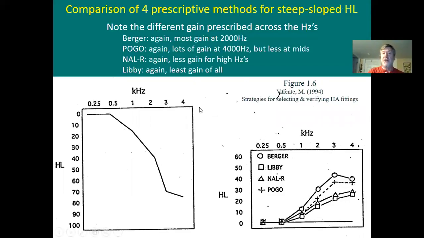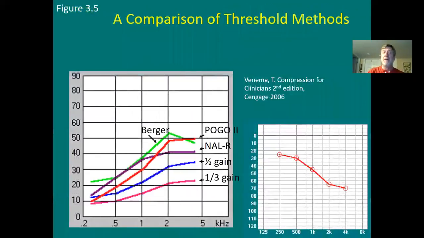For another loss, more steeply sloping, again, the 4 fitting methods with their targets, note the difference. Again, with another hearing loss, note the differences. Half gain is in blue, Libby's third gain is down here in pink, but basically Berger, Pogo, and NAL, look at the differences.